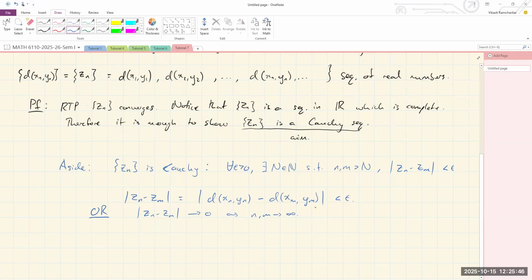I claim that this statement and this statement are equivalent. You could sit and think about it for a minute or two why those two mean the same thing. Because if you can make the distance between xn and xm arbitrarily small, then the distance must be going to 0. So that's actually what our target is going to be.